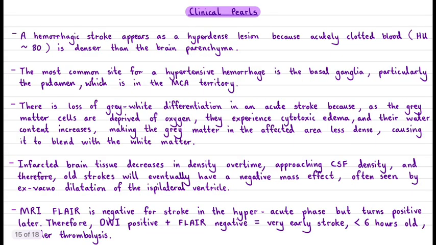This is just what I've been talking about in the previous slides. A hemorrhagic stroke appears hyperdense because acutely clotted blood is much denser than the brain parenchyma. And then infarcted brain tissue decreases in density over time, approaching CSF density, and therefore old strokes eventually have a negative mass effect.